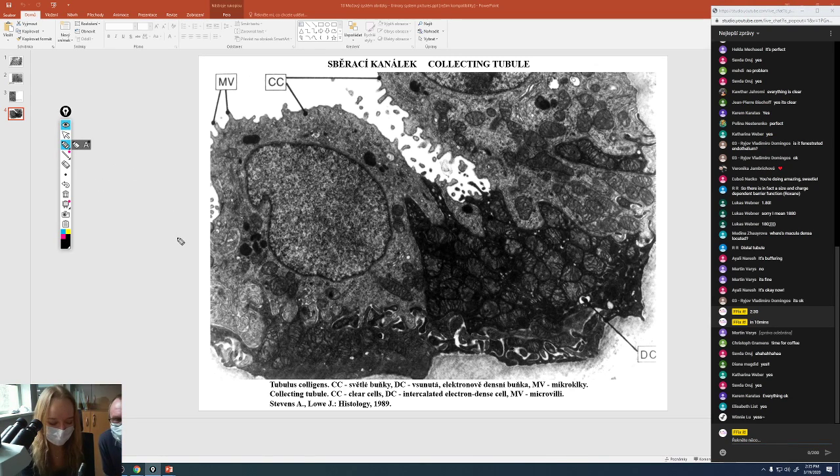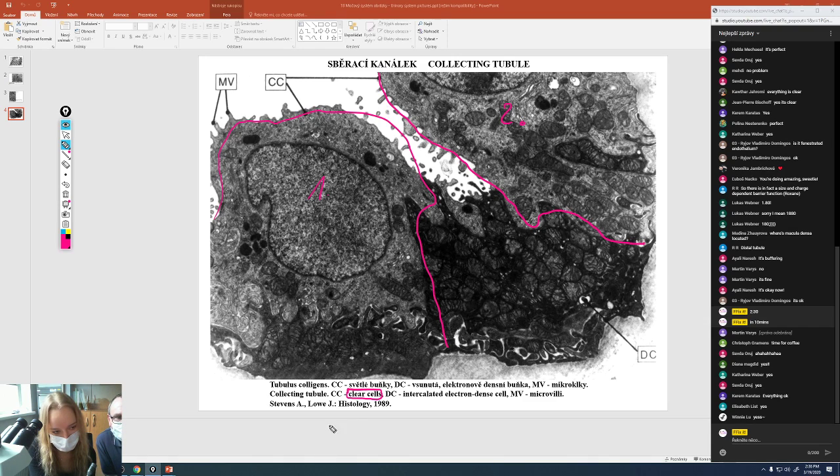Okay, so when you start, you can see that there are about 3 cells in this picture. 2 of them are high, columnar, protrude to the lumen, have small microvilli on the surface, and have some mitochondria inside, but not so many, so we guess that they should be light eosinophilic, and they are called clear cells.